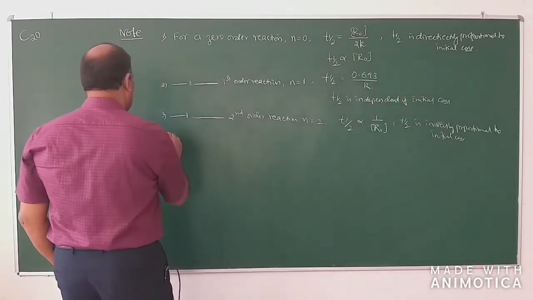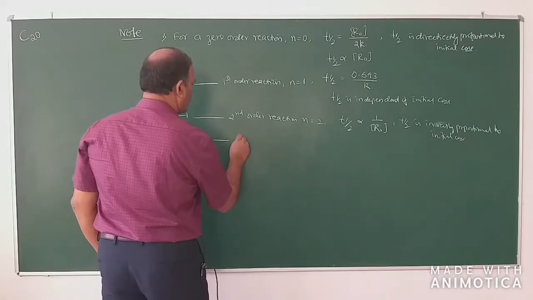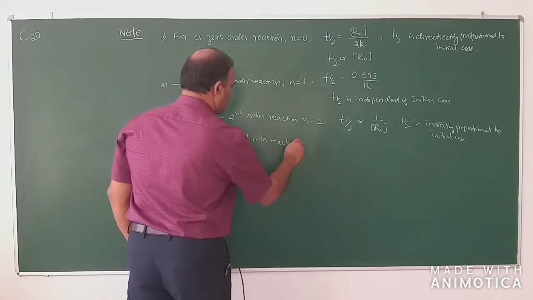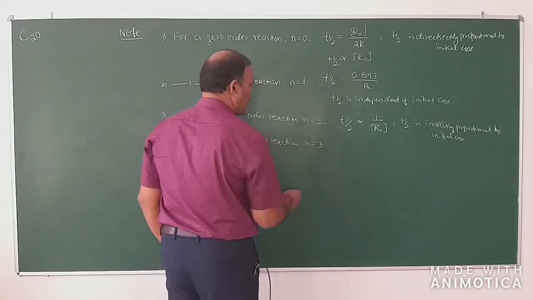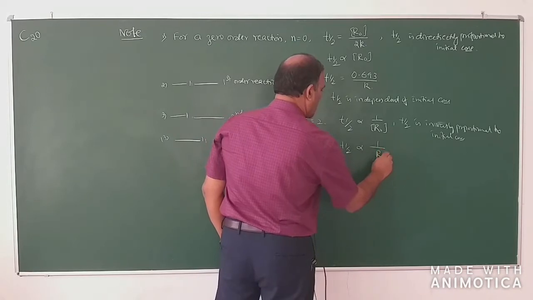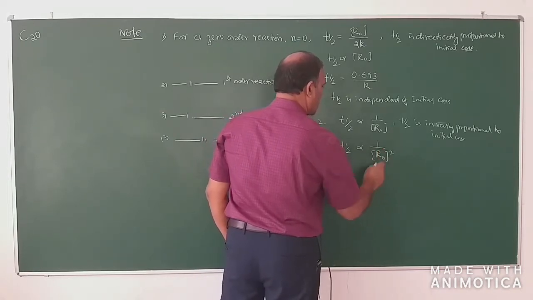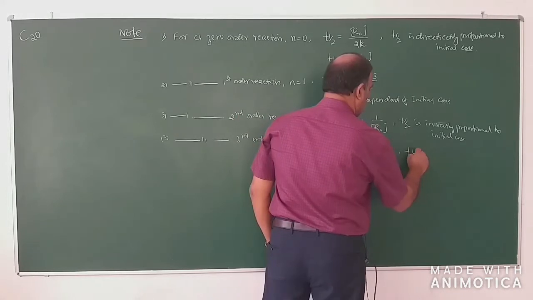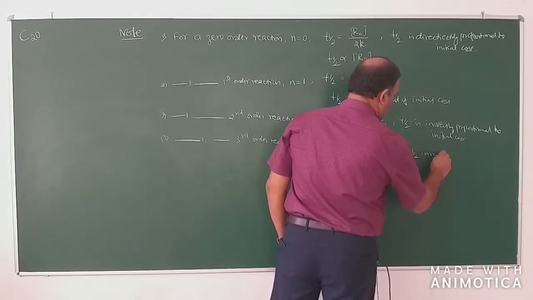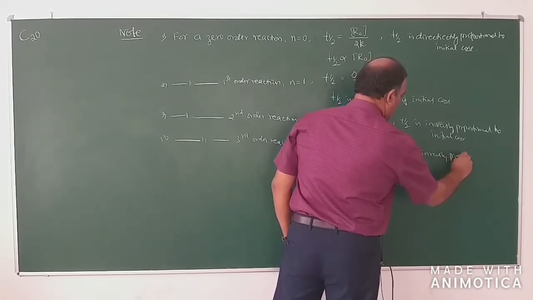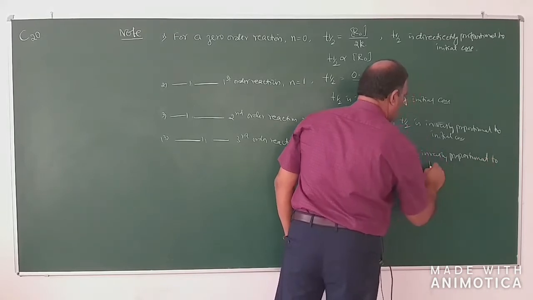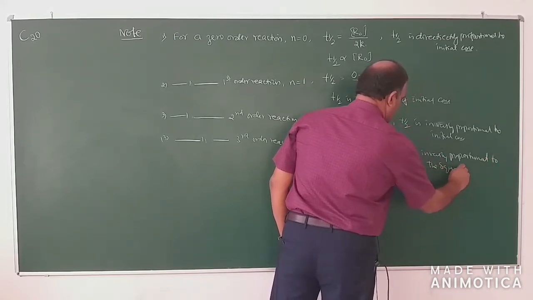Similarly, for third order reaction, n equals 3, then t half is proportional to 1 over initial concentration to the power of 2. That means t half for a third order reaction is inversely proportional to the square of initial concentration.